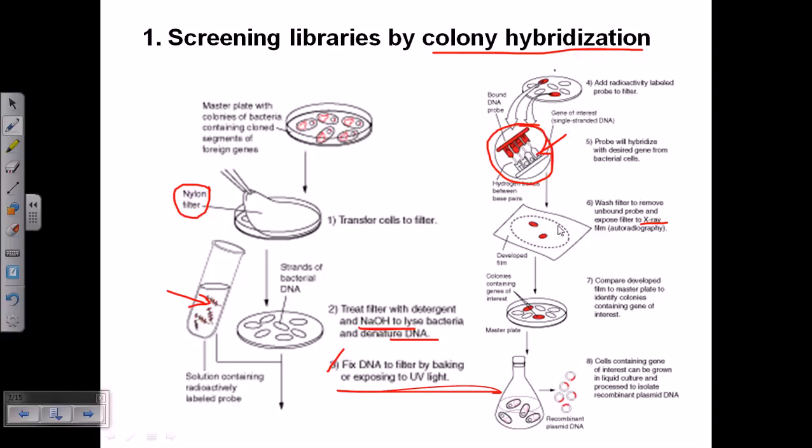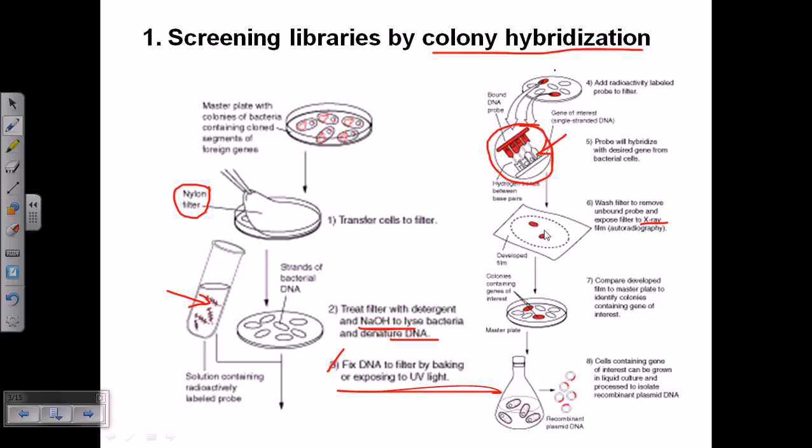Then we expose this nylon filter to X-ray to develop the autoradiogram film, right? So now we get the autoradiogram, and in the autoradiogram we get the position of those probes which bind with the desired gene. From looking at the position, we can tell which part of this nylon filter contains our gene.